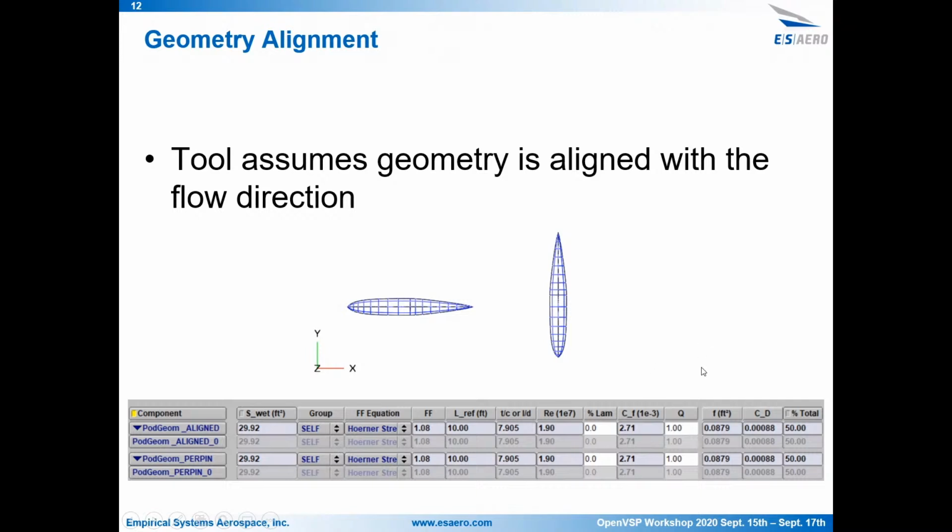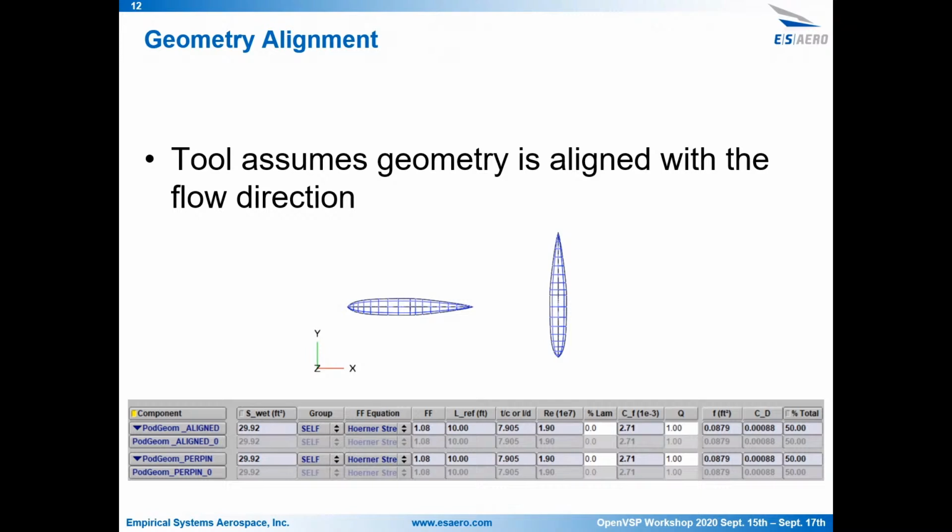And so when you do put a pod in, or a wing, or if you're using a fuselage component to represent a landing gear strut, or a stack component, when you have those complex geometries, the parasite drag tool is going to assume that it's aligned with the flow. A fuselage would be aligned longitudinally with the flow.